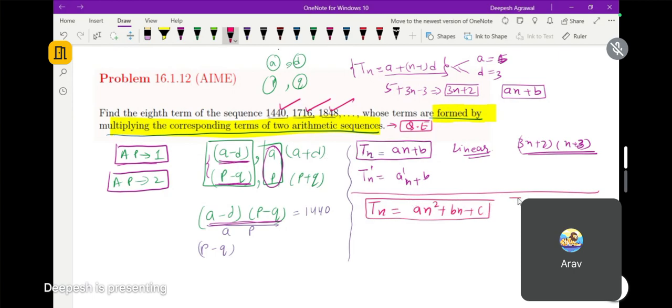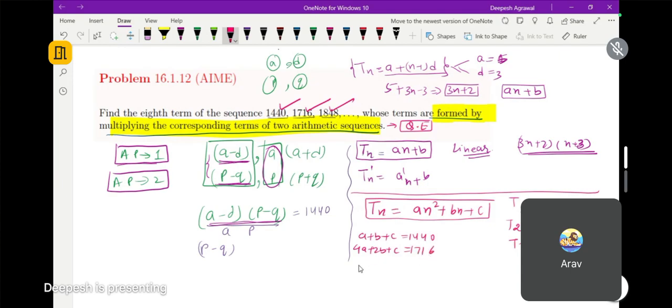So you can write t1 as 1440, t2 as 1716, t3 as 1848. For t1, substitute n equal to 1, so we get a plus b plus c equal to 1440. Substitute n as 2, so we get 4a plus 2b plus c equal to 1716.